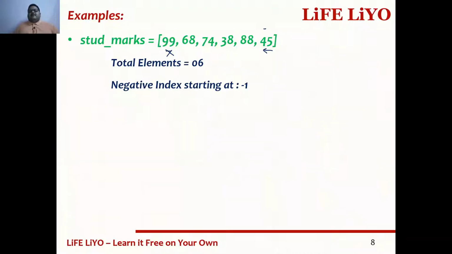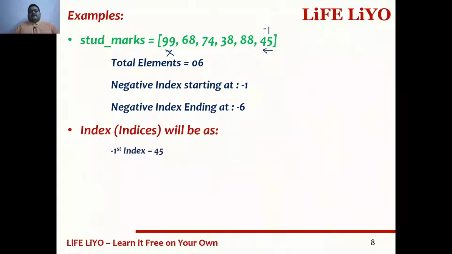That's why 45 will have the minus 1 index. And the indexing ends at minus n, that is the length of the list. What is the length of this list? 6. So negative index ends at minus 6. Minus 1, 45. Then minus 2, 88. Minus 3, 38. Minus 4, 74. Minus 5, 68. Minus 6, 99.